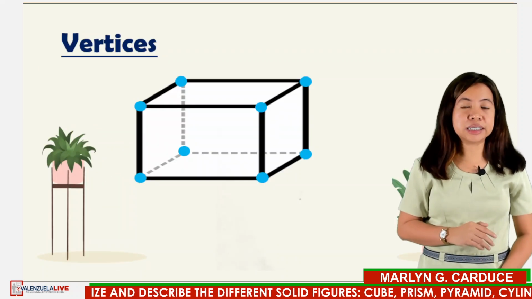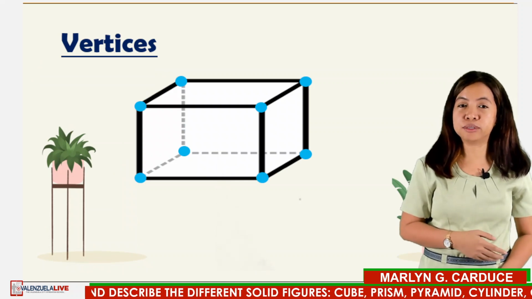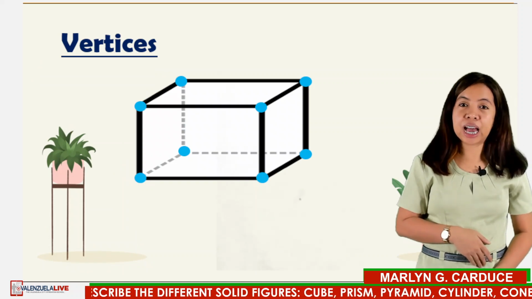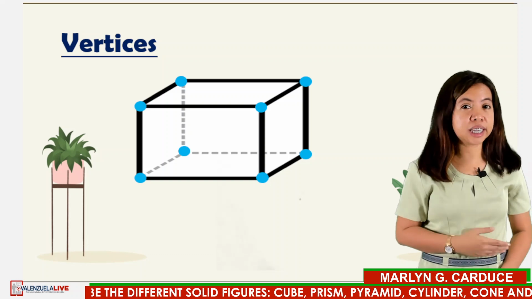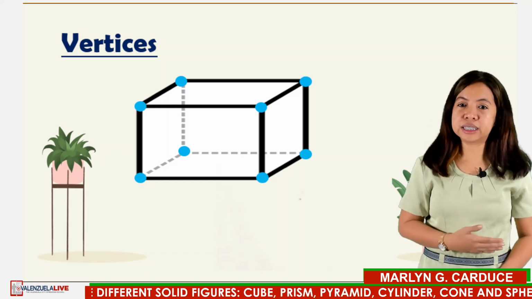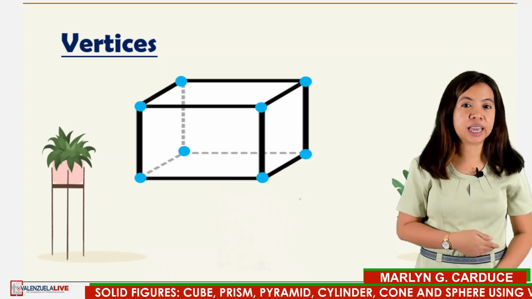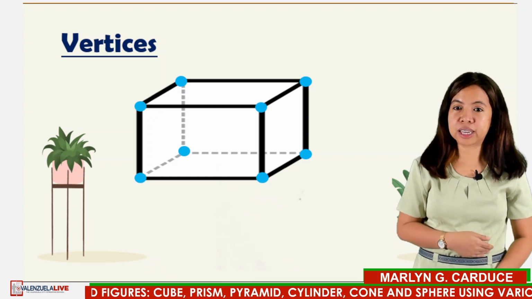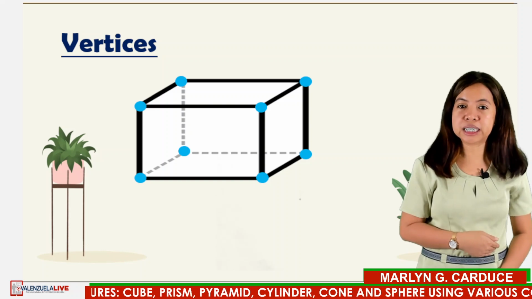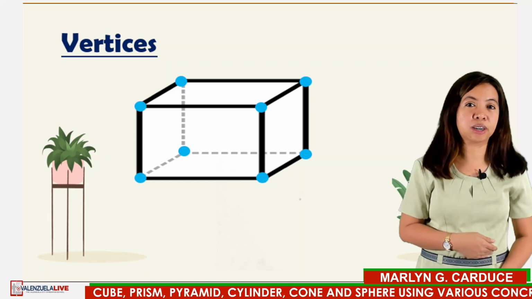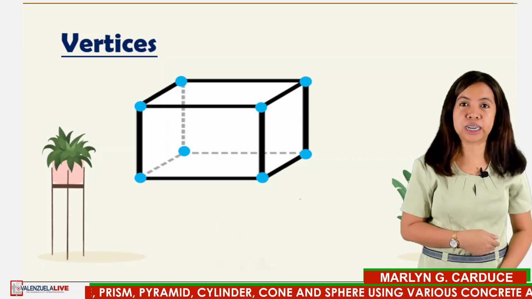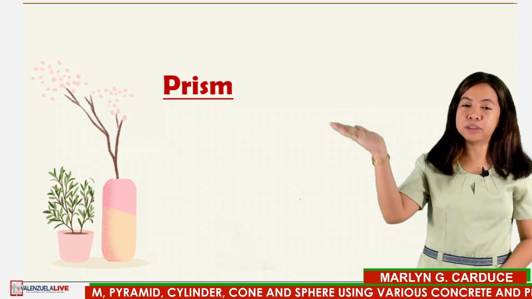Now let's discuss the different examples of solid figures, how they are formed, and what their names are. Solids with special properties have special names. One of the examples, our first type of solid figure, is the prism.